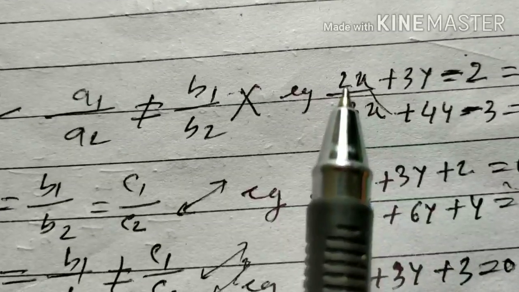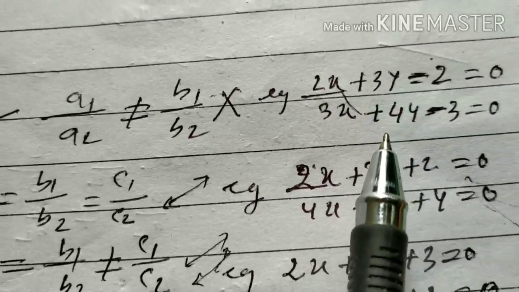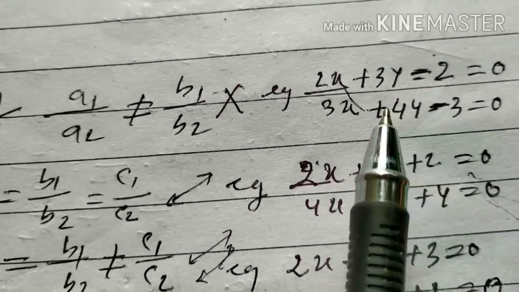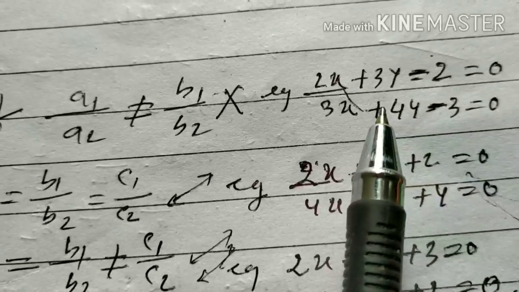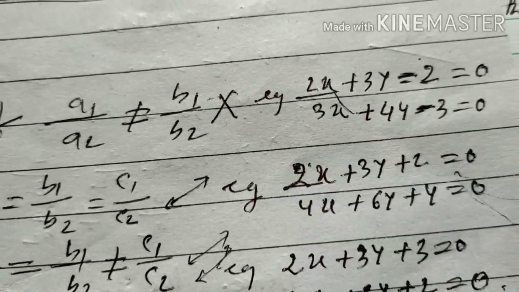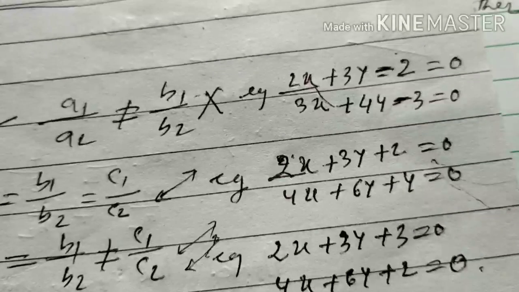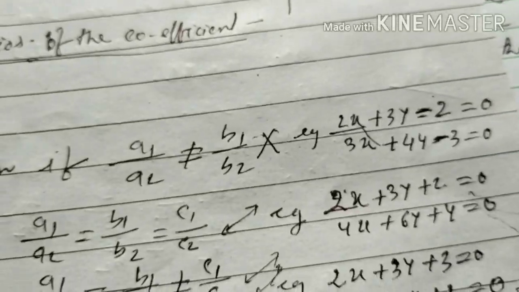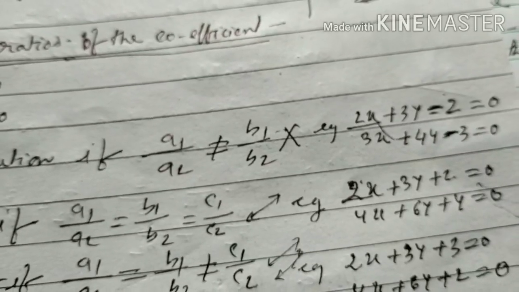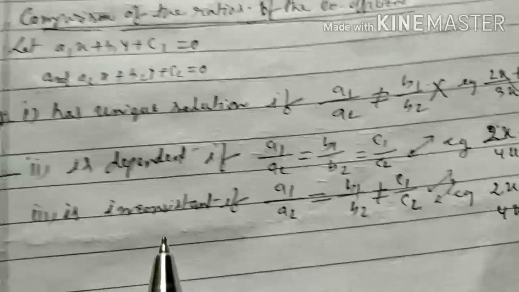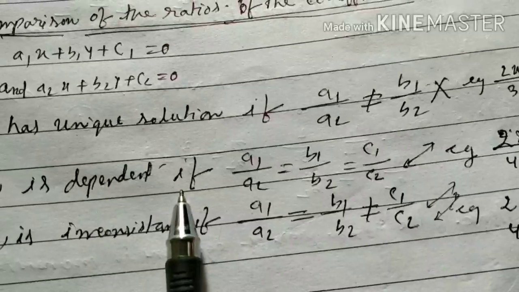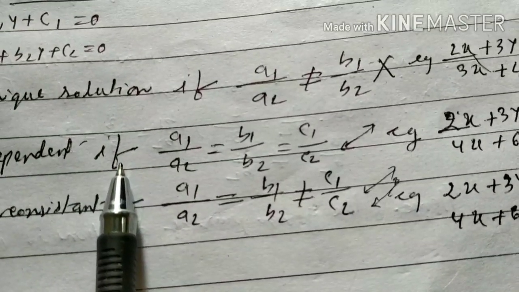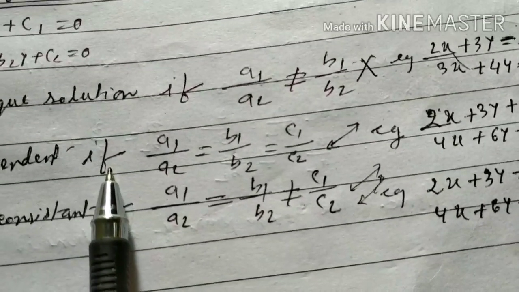In the comparison, see 2 by 3 and 3 by 4, the coefficients of x and y. But when we draw the graph, we get intersecting lines. Next, dependent: if the equations are dependent, one can be obtained from the other by multiplying by a constant.